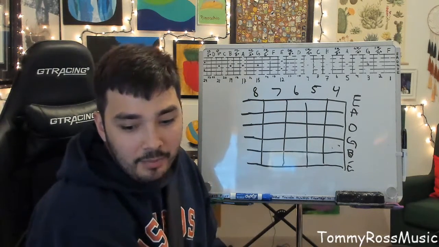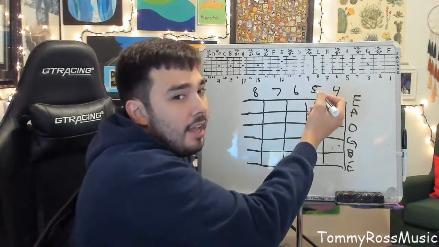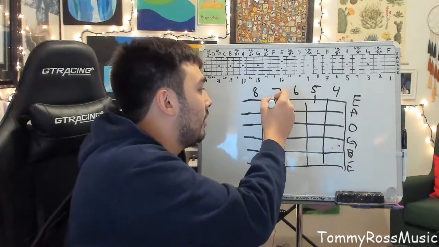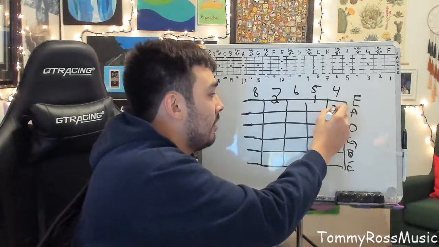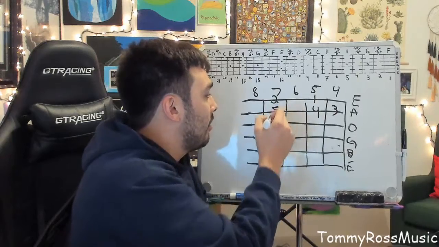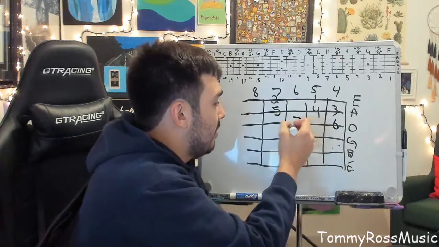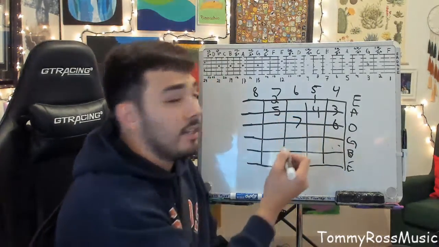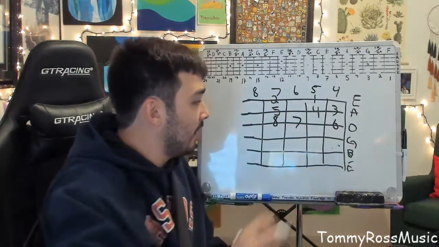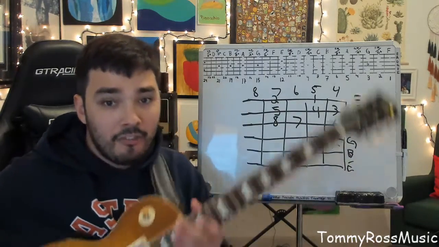Let's draw out that A major scale, sorry. First note's going to be 1 here, second note, our 3rd note, 4th note, 5th note, 6th note, 7th, and then our 8, or octave, or the 1 again. Just test that out if you're not familiar with that already.